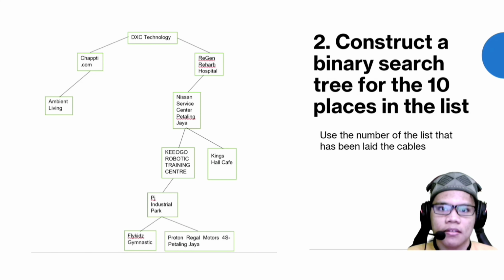Now, on the right of DXC Technology is Regen Rehab Hospital, and then on the left of Regen Rehab Hospital is Nissan Service Center Petaling Jaya, and then on the left of Nissan Service Center Petaling Jaya is Kyogo Robotic Training Center, and then PJ Industrial Park, and then Fly Kids Gymnastic. On the right of PJ Industrial Park is Proton Regal Motor 4S Petaling Jaya. And then on the right of Nissan Service Center Petaling Jaya is Kings Hall Cafe.